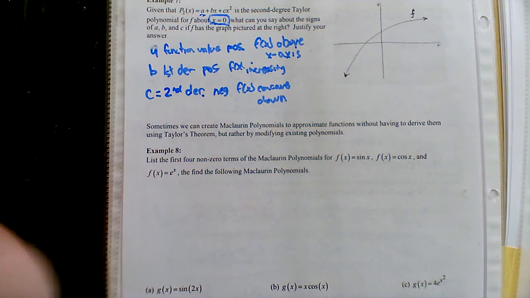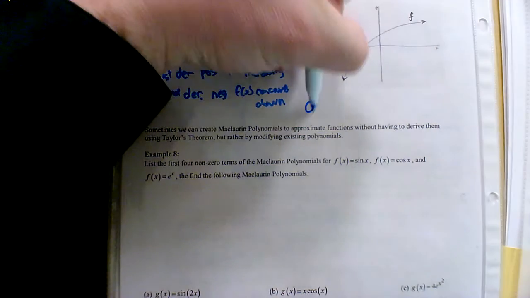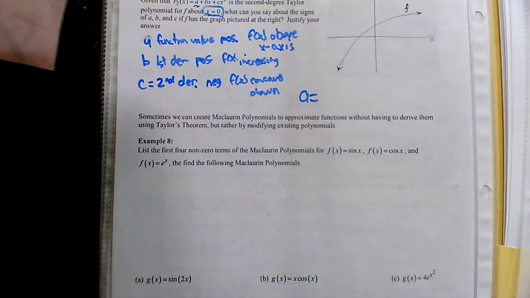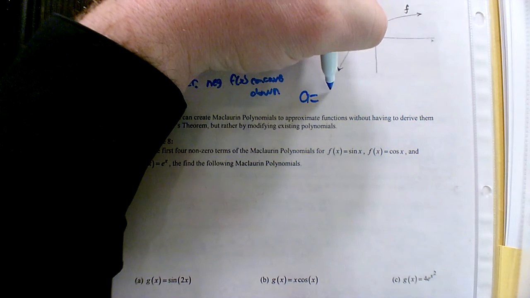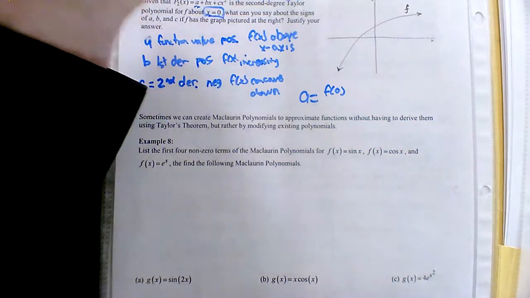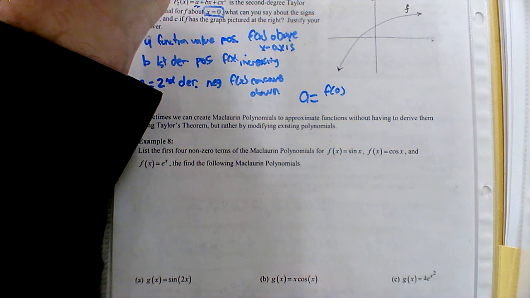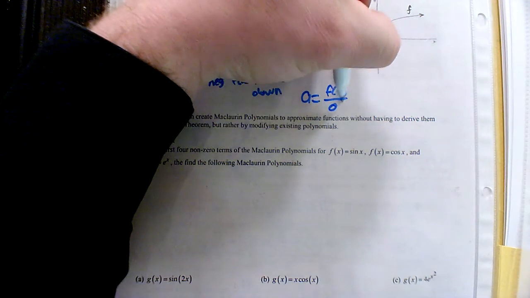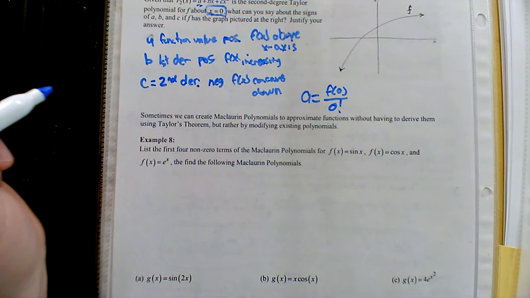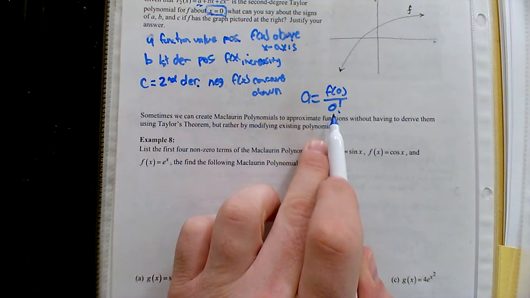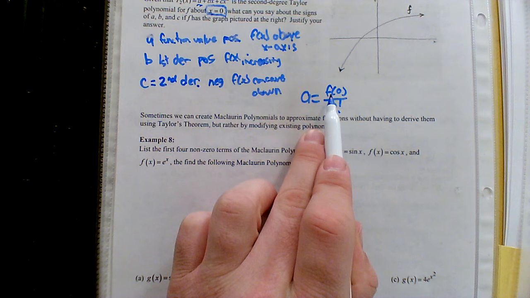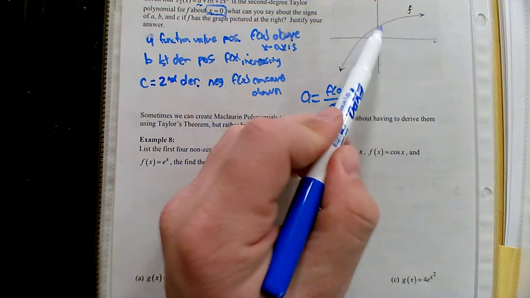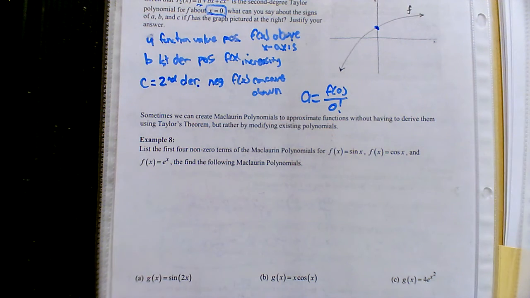Another way to think about this is in terms of Taylor polynomials. Your A value is the value of the original function. The center was at 0, so it's whatever the function is evaluated at 0 over 0 factorial. 0 factorial is positive, so it all depends on the function value at that point, which was positive, above the x-axis.